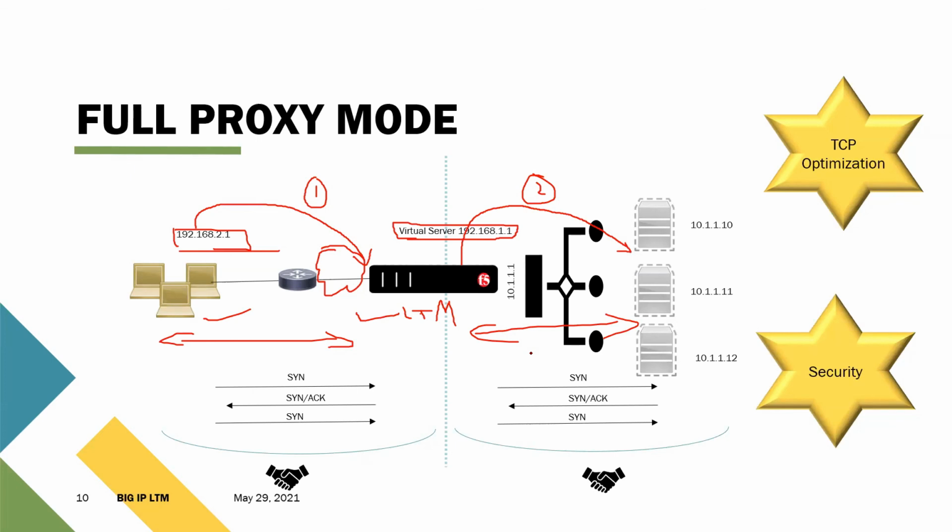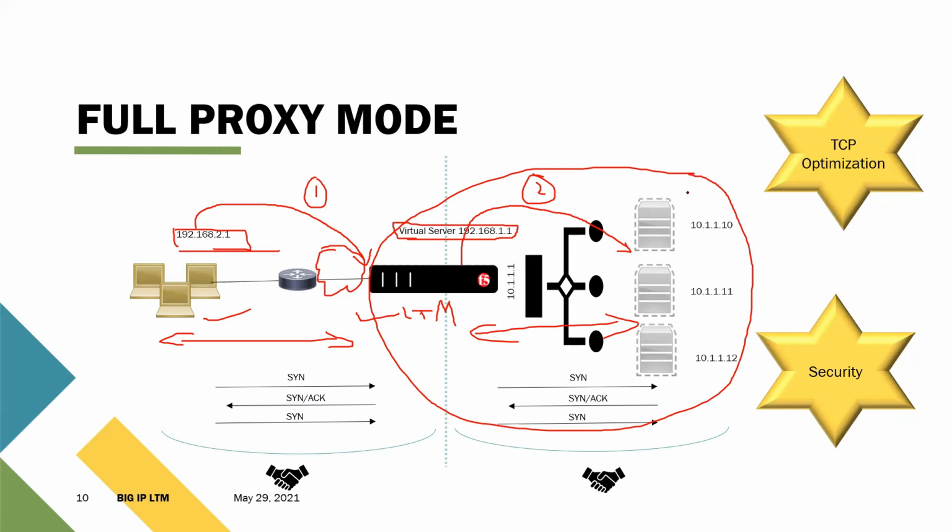There may be some latencies over the path. The communication between the user and the LTM may not be as good as it is between this LTM and the actual server, because they are probably sitting in the same corporate network. So you get wired speed, hardwired to the servers, or hardwired to the LTMs as well. So of course there is a difference.